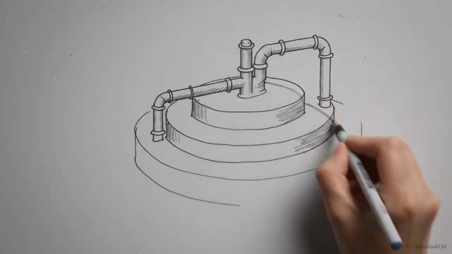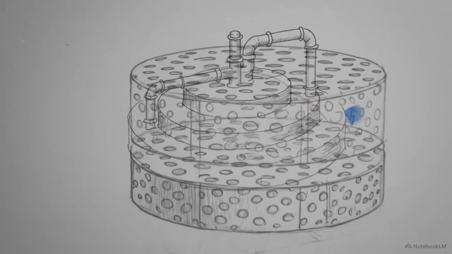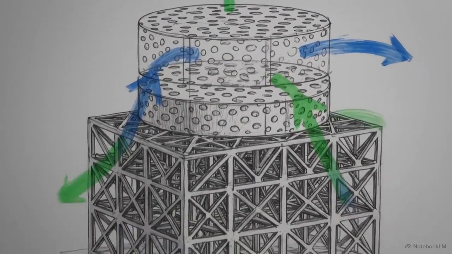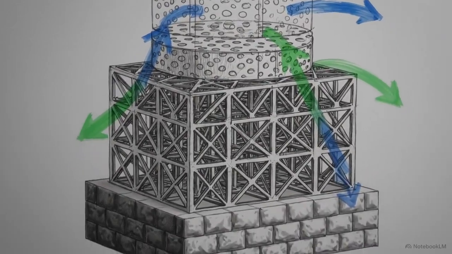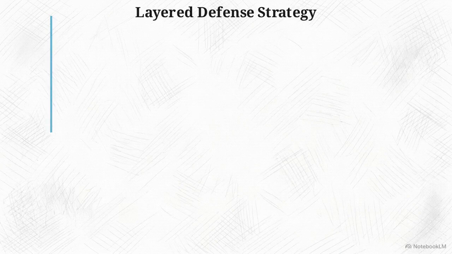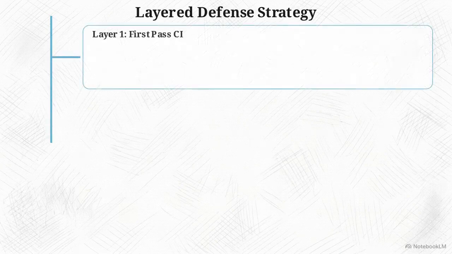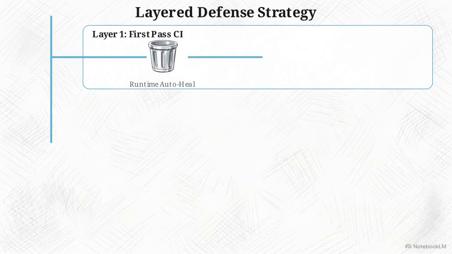To fix this, you must stop treating auto-healing and the healer agent as competing choices. The definitive architecture requires you to layer them. This flowchart shows the strategy. Layer 1 is your first pass CI. You route all initial cosmetic failures into the runtime auto-heal bucket to catch the noise of active UI development and maintain your execution speed.